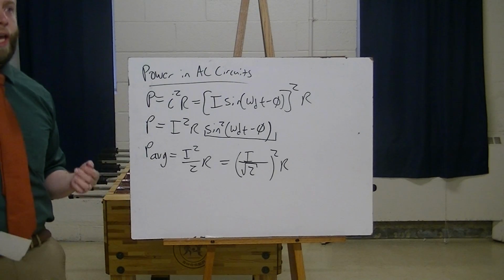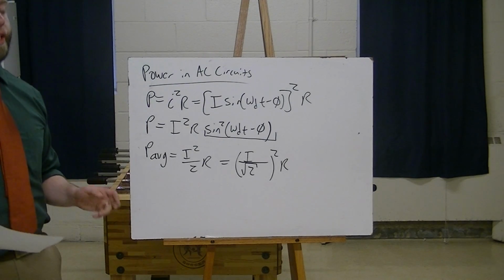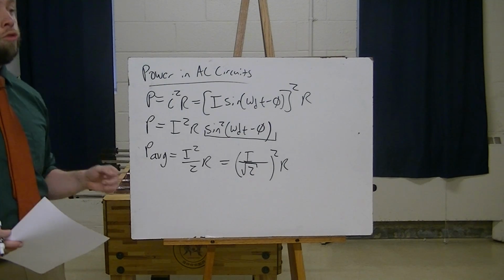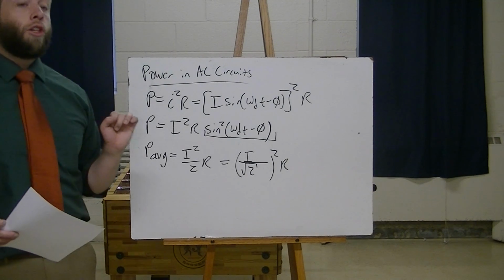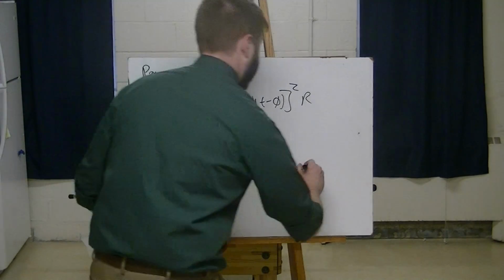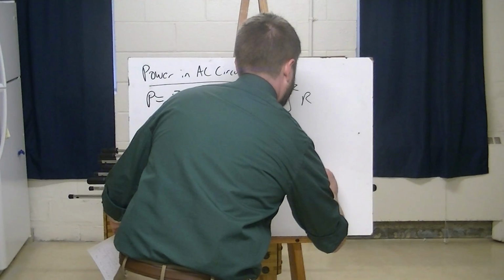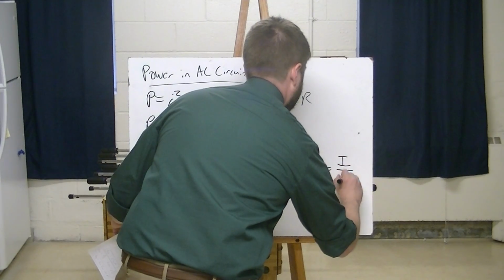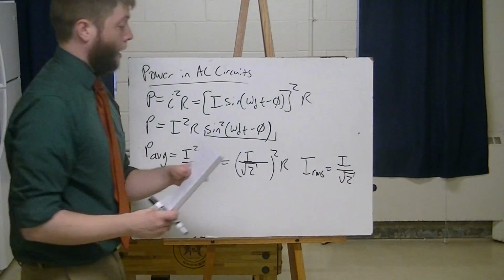This kind of feels like a duh, why are you doing this moment. The reason we're doing this is because we wanted to find a new term, the current root mean square. So this right here, I RMS, is the current root mean square, okay?